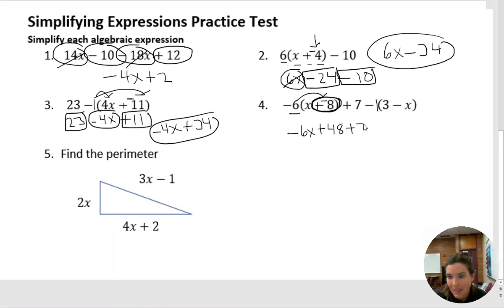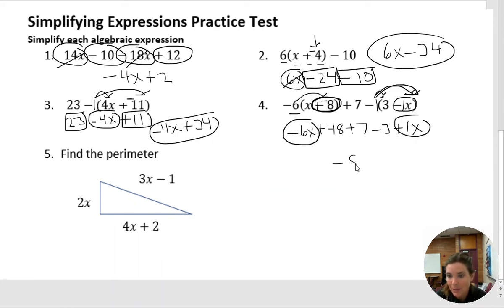And then we have our positive 7, and now we need to distribute this negative 1 to both of these terms. So negative 1 times 3 is negative 3. This is a negative 1 times a negative 1x, which is going to be a positive 1x. And now we combine like terms. So we have a negative 6x, we have a positive 1x.